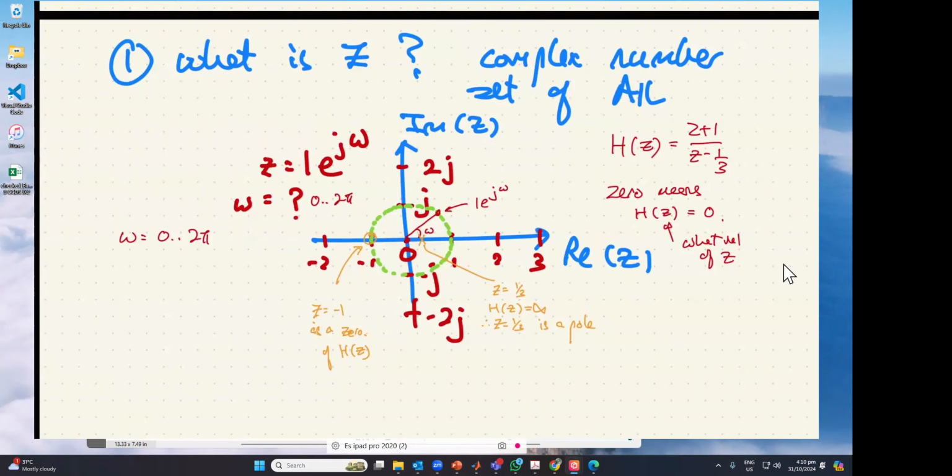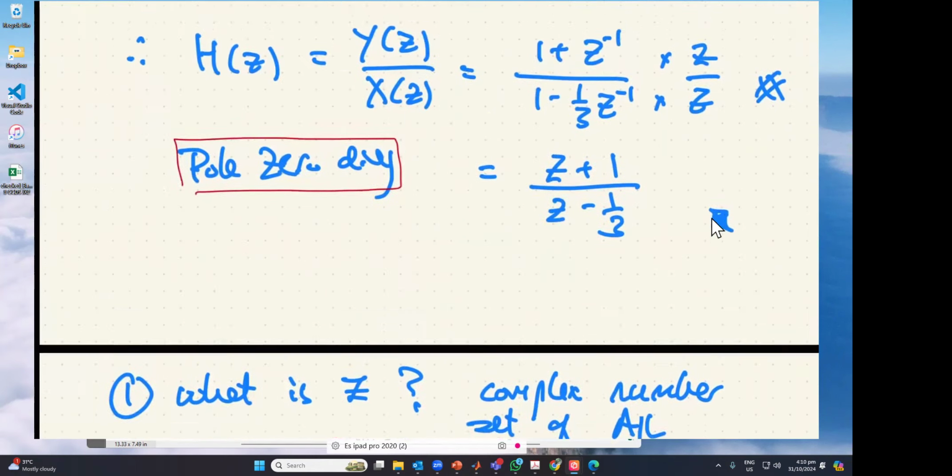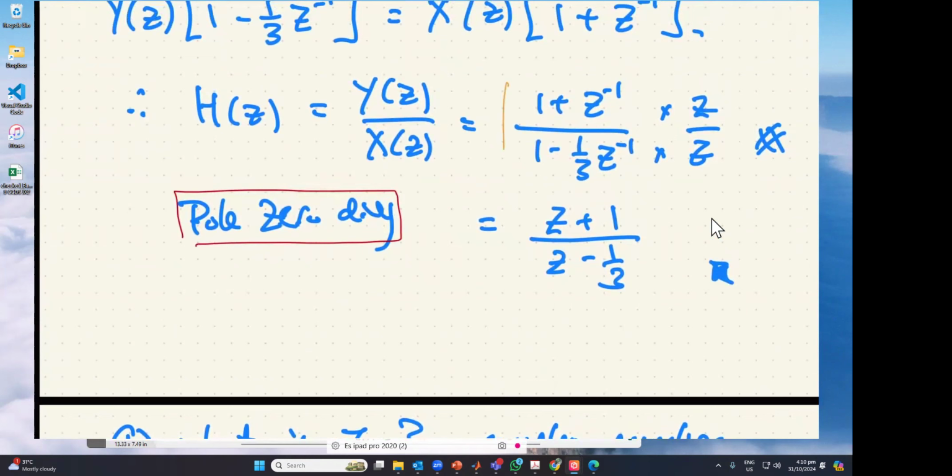All right. Now, I want to switch gear a bit. In MATLAB, the numerator is often called b and the denominator is often called A. And the coefficients are 1 and 1.